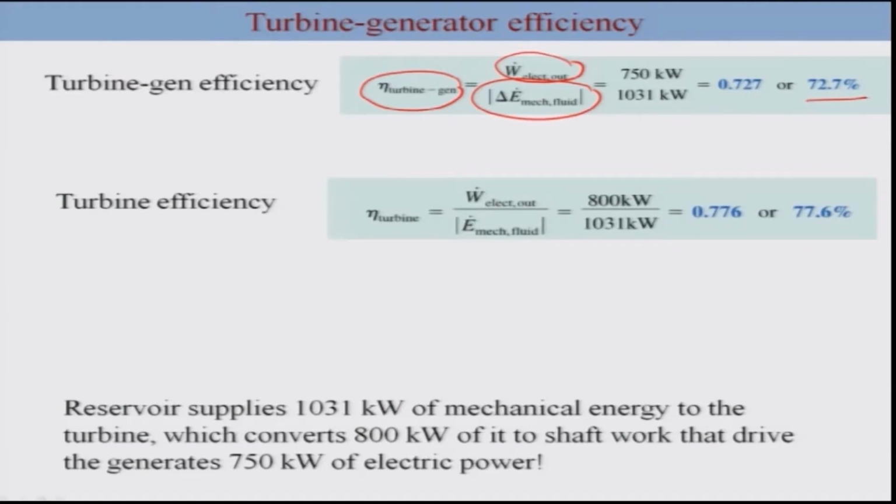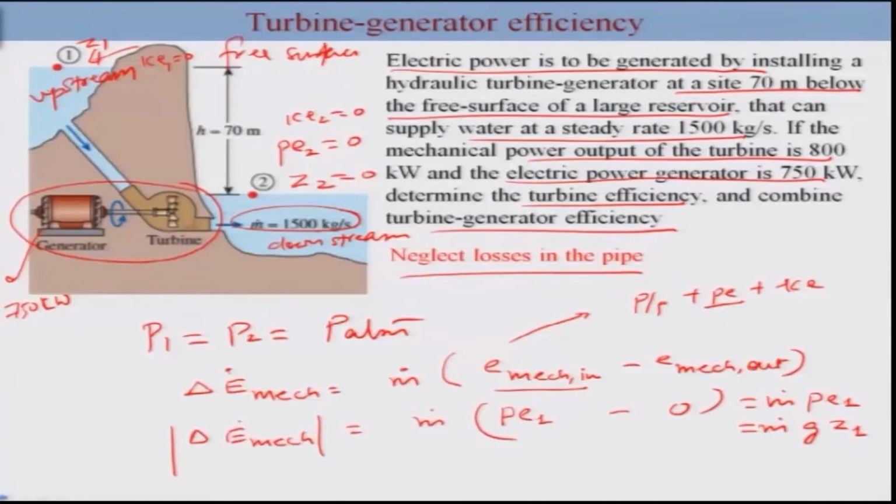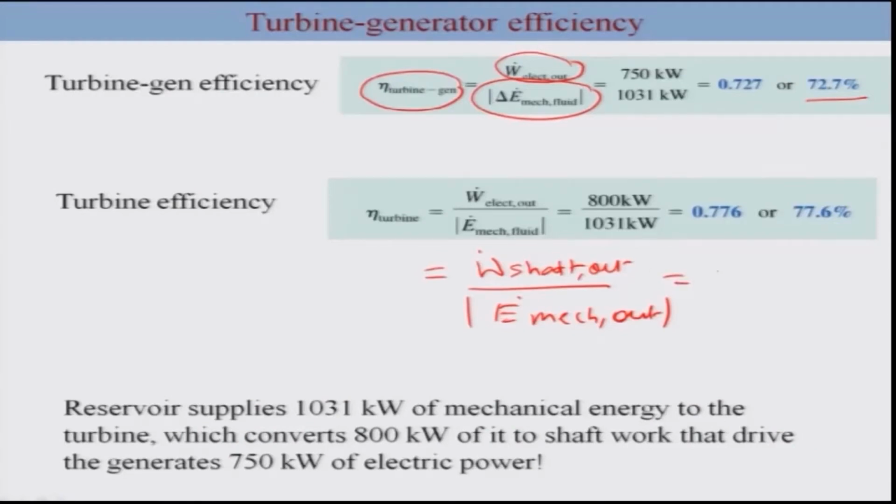This should not be electrical, this should be shaft work, because if you recall, the question had 800 as the mechanical power output, which was nothing but shaft work. So this should be simply 800 kilowatt by 1031. So that answer will be 77.6%.